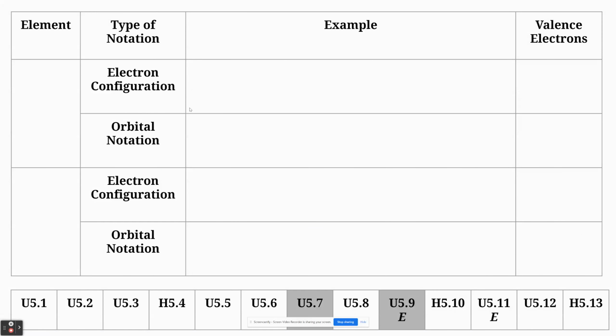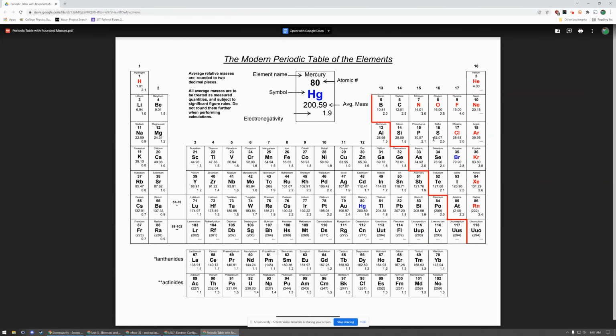If we look at another element like sulfur here, the way to write its electron configuration, if we come back and look at the periodic table here, so sulfur is down here on the periodic table. The way we can do this quickly is we look at the row above it. So here's neon. So what I'm going to do is write neon, and then that saves me from writing 1s2, 2s2, 2p6 here.